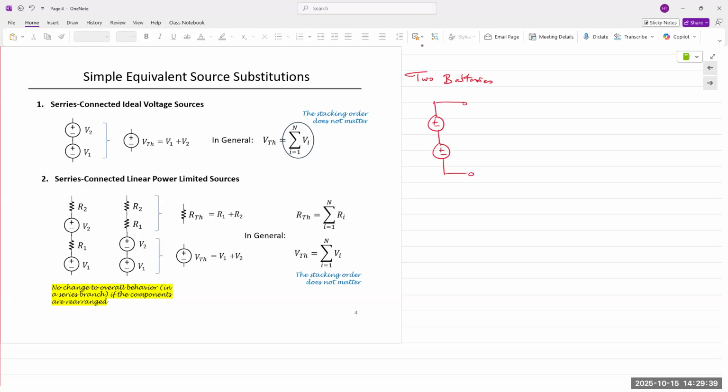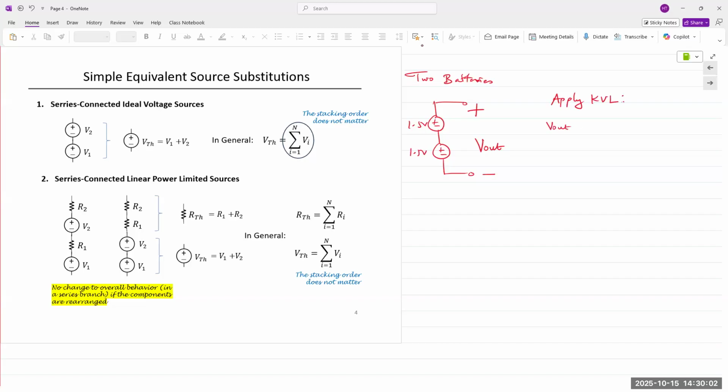Batteries are rated for 1.5 volt, standard ones at least. So 1.5 volt, 1.5 volt. What is my V out? Three volts. Find it by applying KVL.